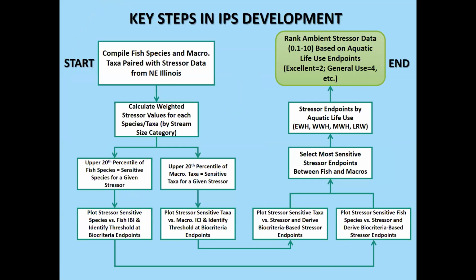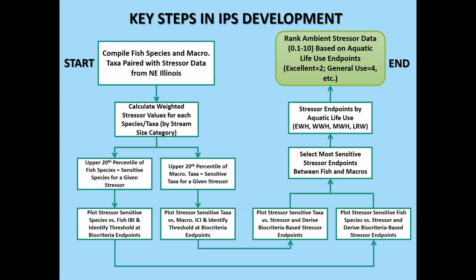So here's a flow diagram showing the principal points of how the IPS is run. Obviously it starts off with the data set that we covered. That's the paired stressor data and biology data. The first step was deriving these sensitive species out of the data set. We'll look at how that is done.